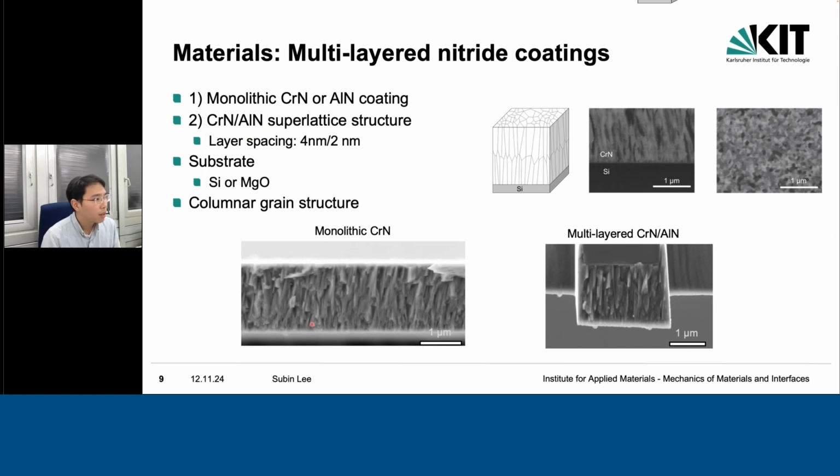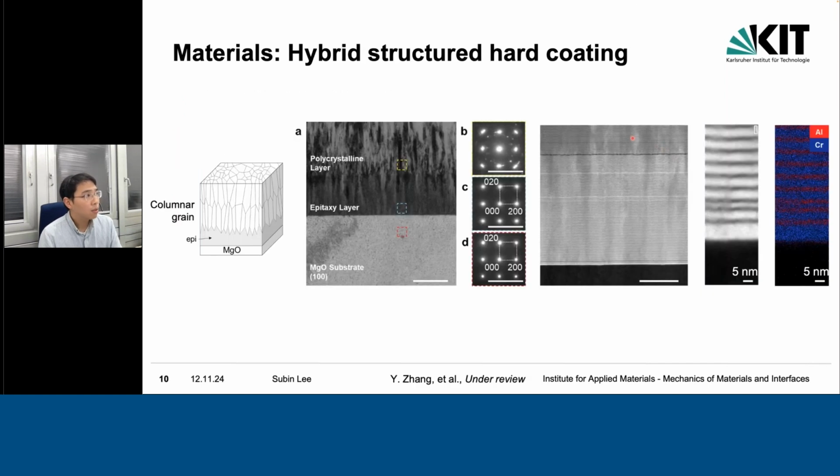All of them show a very nice columnar grain structure. These are focused ion channeling images, which show the columnar grain structure, and this top view image shows the grain size, which is around 20 to 30 nanometers. The last set of samples is something special.